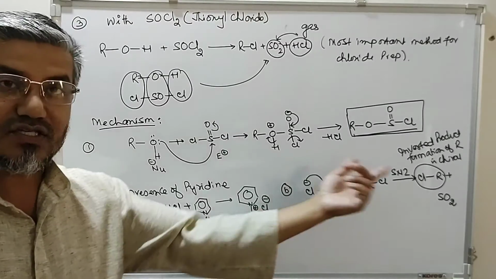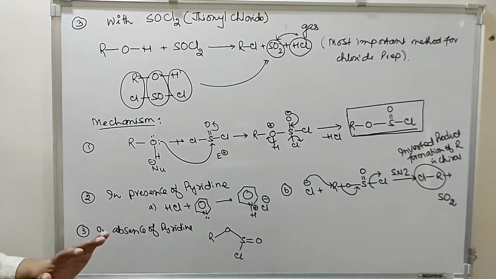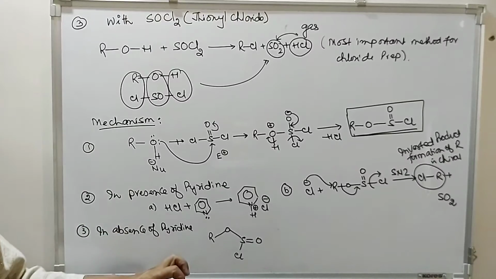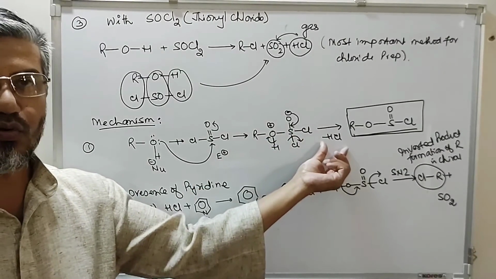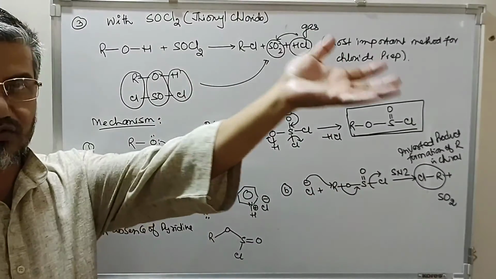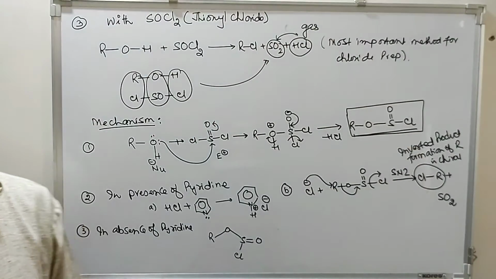So this Cl minus was attacking here. Now in absence of pyridine, there is no free Cl minus, because this HCl, being a covalently bonded molecule, is kept away from the reaction mixture.